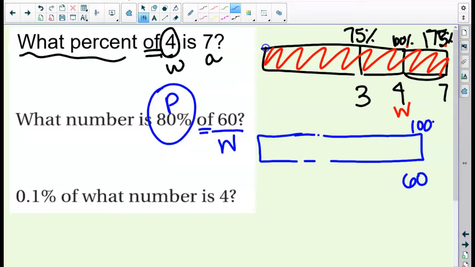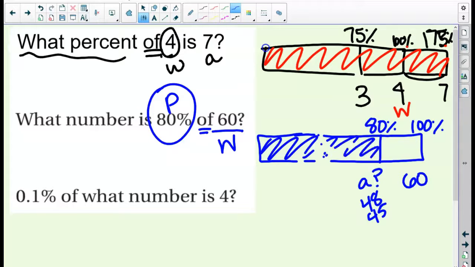This would be 100%. 80% might be about here, right? And what am I looking for? The part. Okay. Estimates, guesses. Yell them out. 48, 45, 47, somewhere in there would be a good estimate. Good enough for me. Okay?